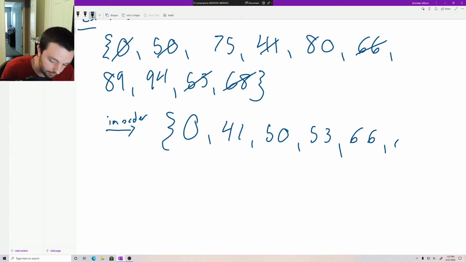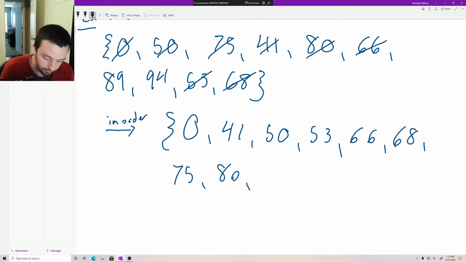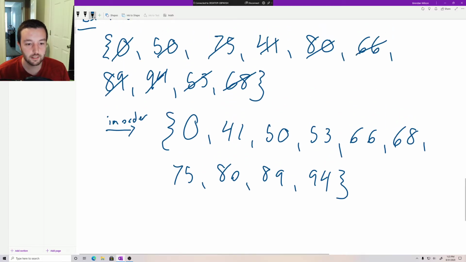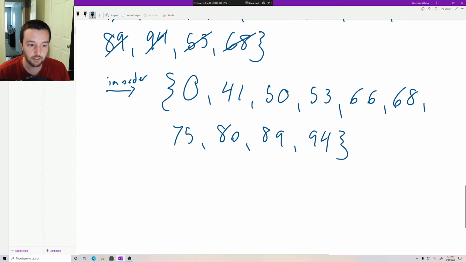Next is 68. 75. 80. 89. 94. Okay. Make sure we count them all. Make sure we have the same amount. 1, 2, 3, 4, 5, 6, 7, 8, 9, 10. Okay. So now that they're in order, we can find all of those things.